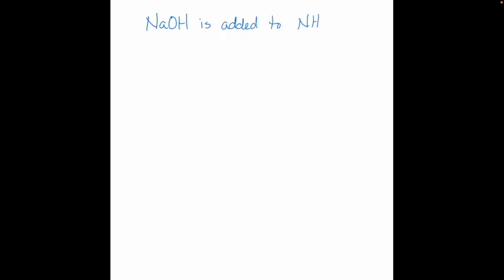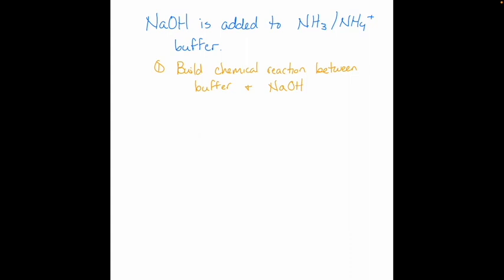We'll keep that same buffer. I want everybody to take a second and build that chemical reaction between our buffer and now that strong base, sodium hydroxide, that we've added.